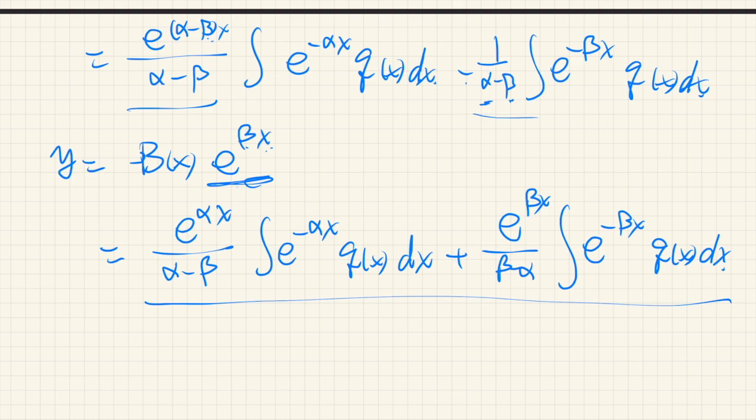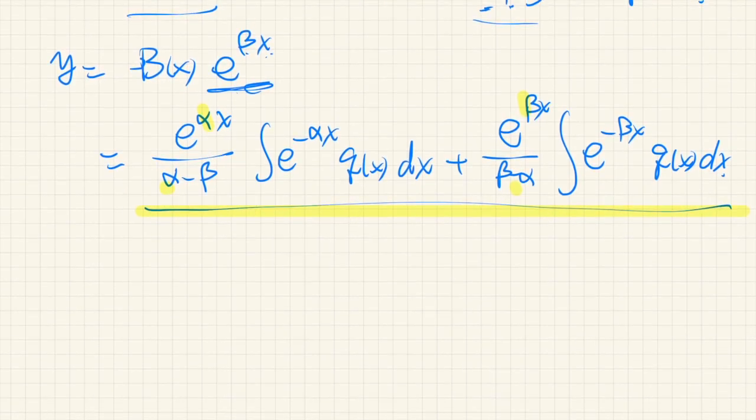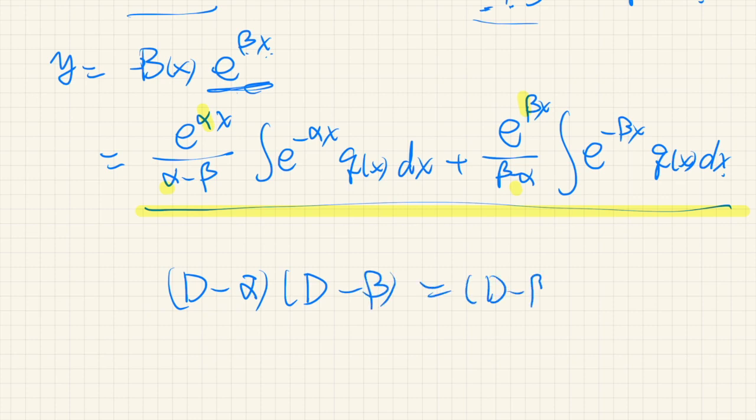And you should note that this solution here is symmetric regarding alpha and beta. So if we swap alpha and beta, we still get the same solution. That is understandable, because there's no priority between alpha and beta, and this differential equation is equal to this differential equation, this differential operator.